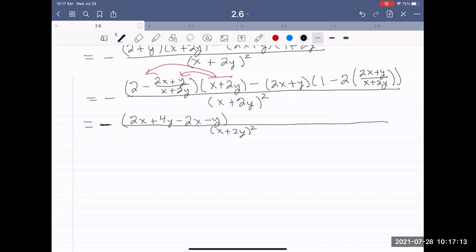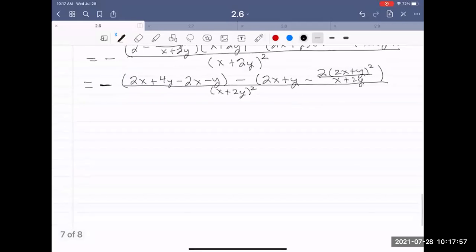So that's your first term. Minus. So I'll multiply the 2x plus y inside the parentheses. And so I get 2x plus y, I multiply by 1, minus 2, times, well, this will be a 2x plus y quantity squared over x plus 2y.